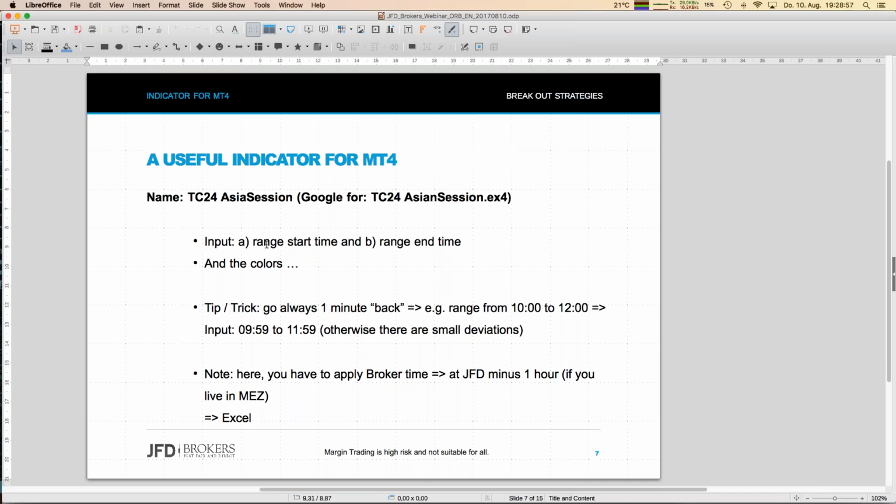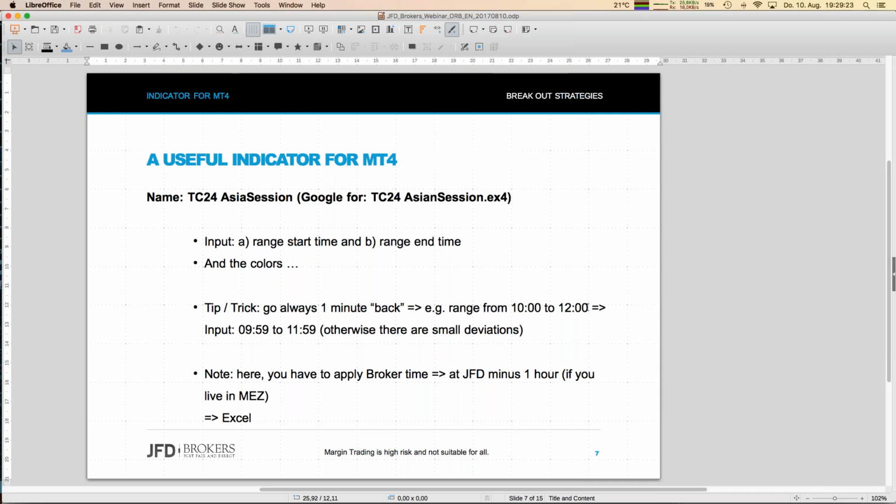What you need is simply the range start time and the range end time. And then you adjust colors and the thickness of the lines. You will see in a minute. I already give you a tip or trick on that. Think about you want to have range times from 10 to 12.